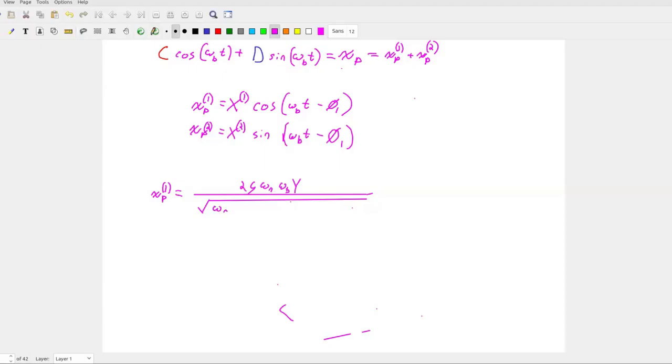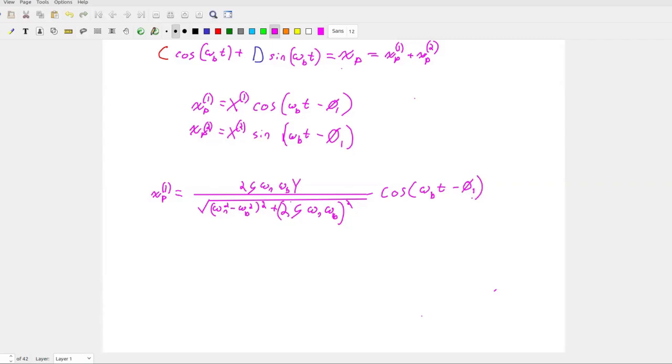And our good friend, omega n squared minus omega b squared, plus 2 zeta omega n omega b, squared. This whole thing needs to be multiplied by something that oscillates. So we have cosine of omega b t minus phi 1.